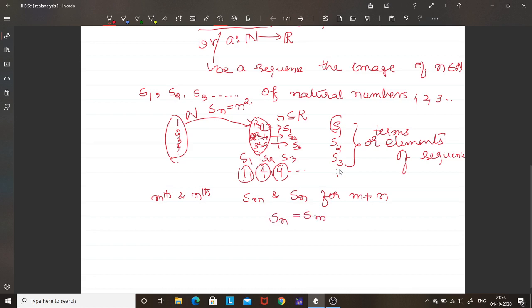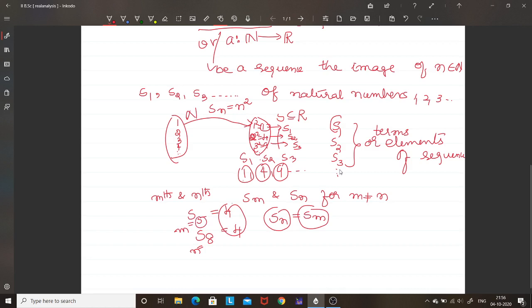Even if the values of the mth term and the nth term are equal, the positions are different. For example, if s5 is 4 and s8 is 4 again, the values of the terms are the same, but their positions are different.